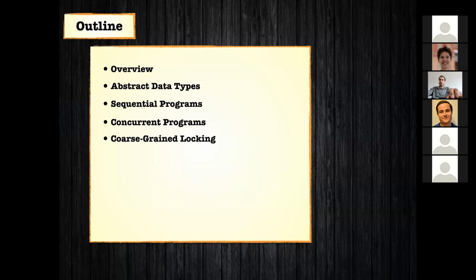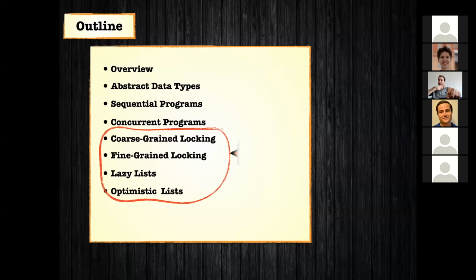So we look at different strategies to implement data structures, like coarse-grained locking, for instance, fine-grained locking, lazy lists, optimistic lists. So all these things we will instantiate as set algorithms, and then we try to explain what happens if you try to instantiate them for queues and stacks, for instance.